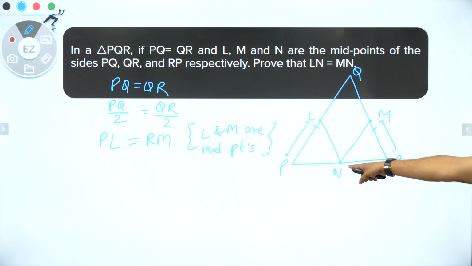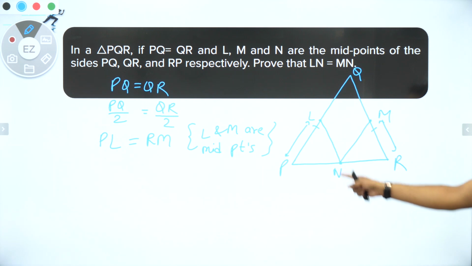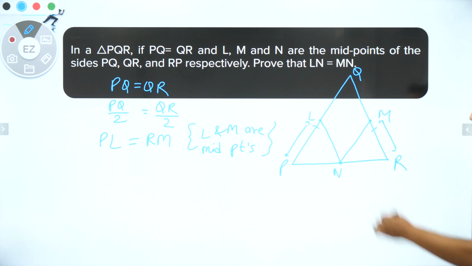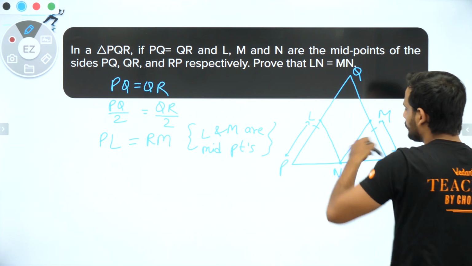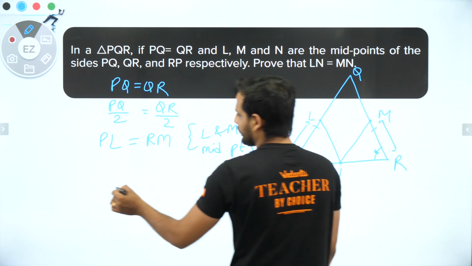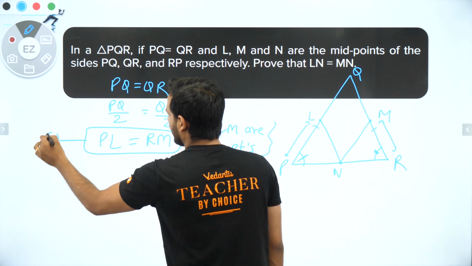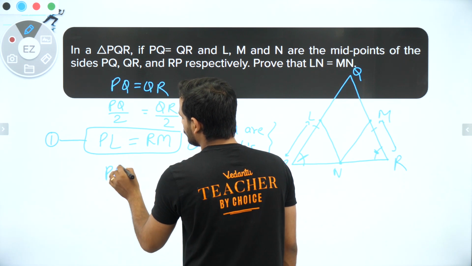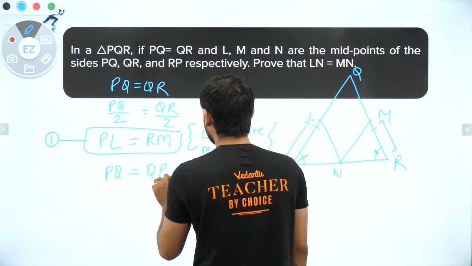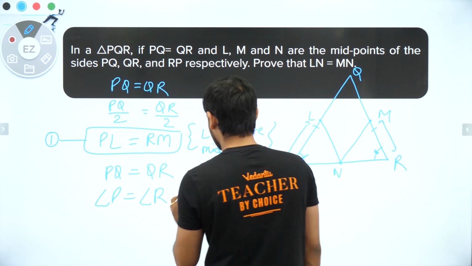Also, this N is the midpoint. So from here, I can say PN is equal to NR. Before that, if PQ is equal to QR, I can say this angle should be equal to angle R. Second part, since PQ is equal to QR, I can say angle P is equal to angle R. Why?